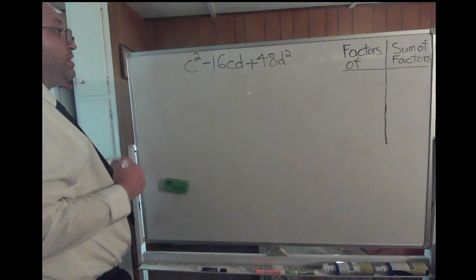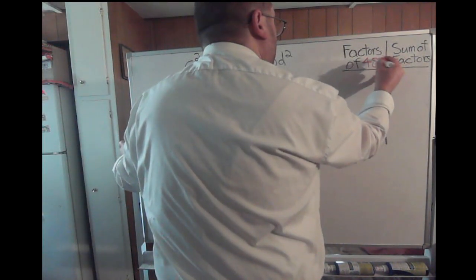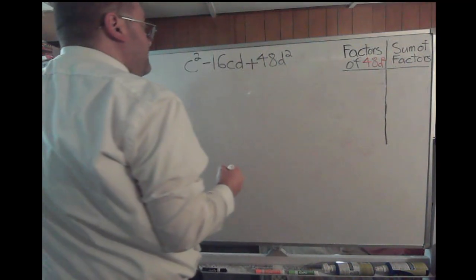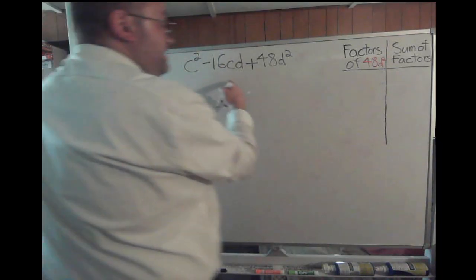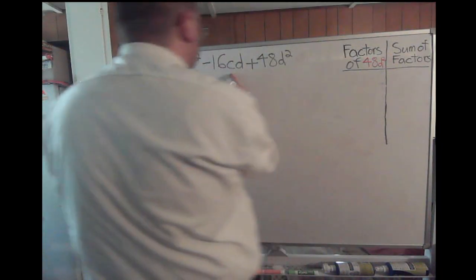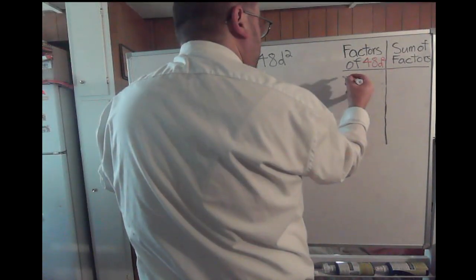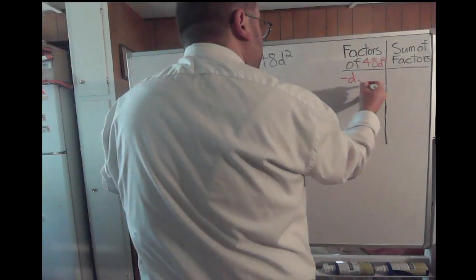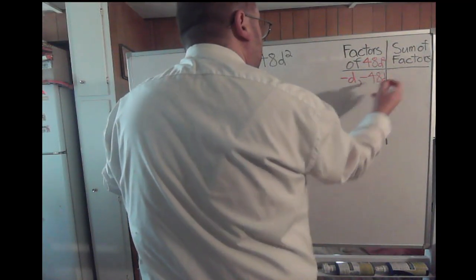So we need to find factors of 48d squared, which are negative, that when added together add up to negative 16 for the coefficient of the negative 16cd term. So 48d squared, you get negative d, negative 48d. What else?